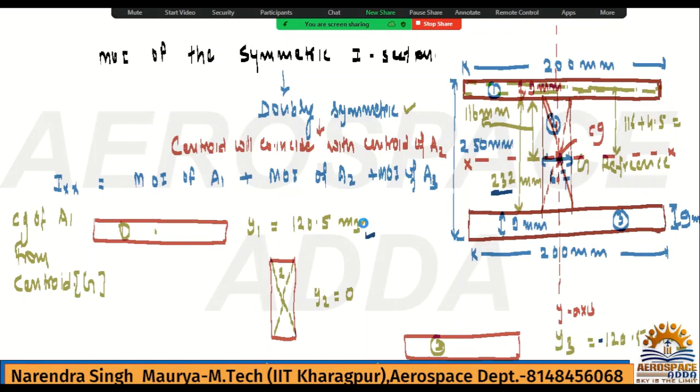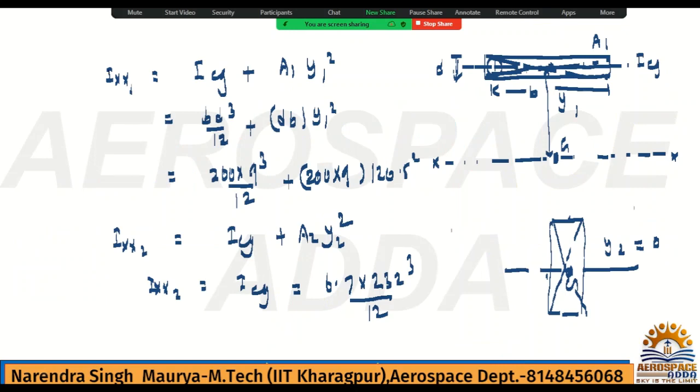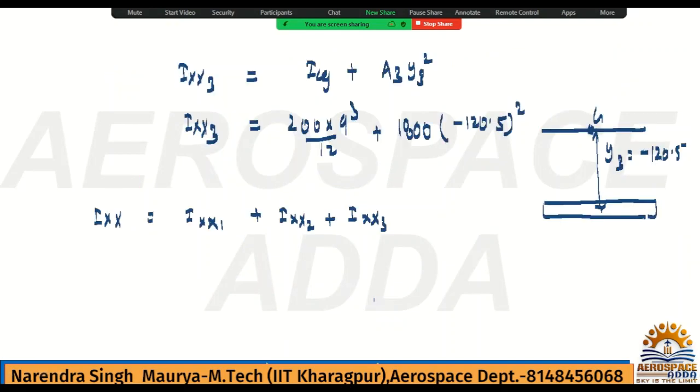We need to write the value we are getting. This is Ixx1. We need to calculate this. Obviously box 1 and box 3 values will be the same. Here we have a minus sign, but if you square it, then you will get the same. Add all three, then you will get Ixx.